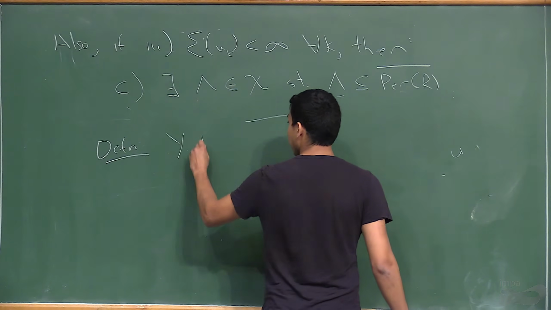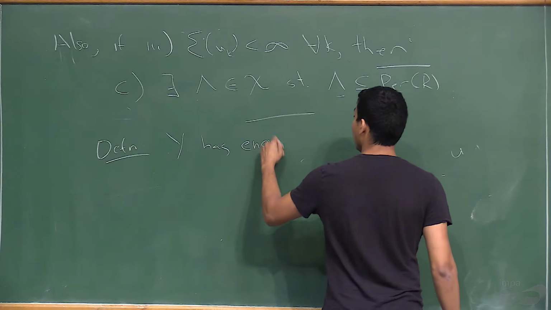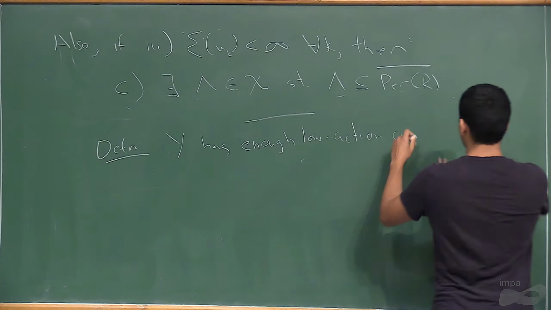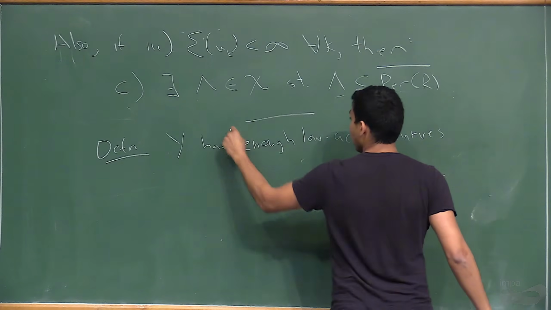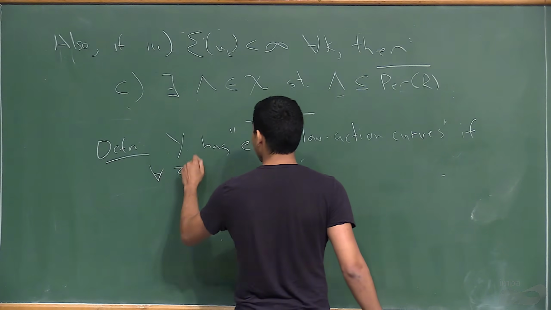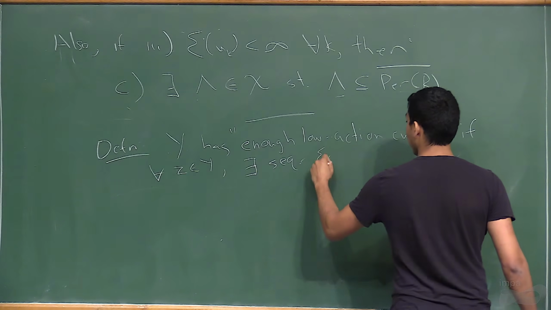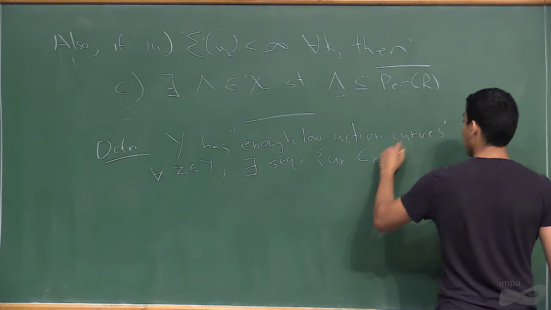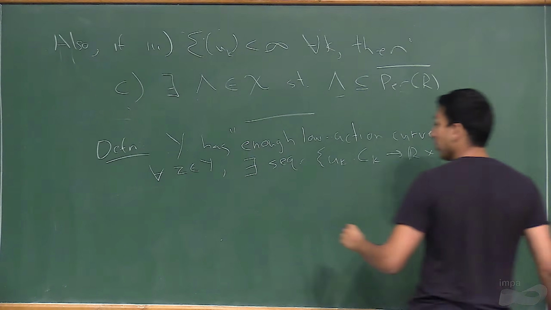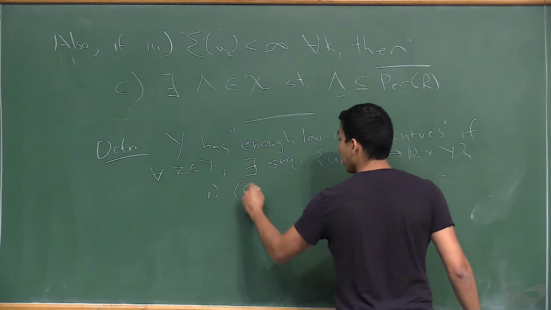I'll say that Y has enough low action curves if for every z in Y there exists a sequence of holomorphic curves U sub k satisfying a bunch of different properties. The first one is that all of them contain the point 0z.